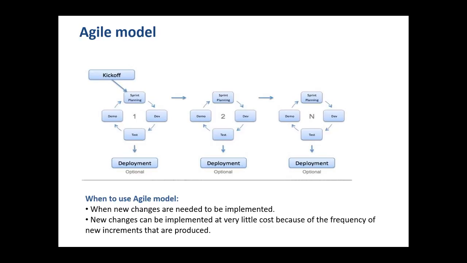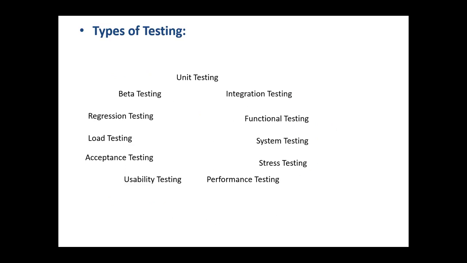Next come the types of testing. These are commonly followed testing types. Actually, the types of testing change based upon the model you use, but these are the most commonly used types of testing. I hope you all are aware of the testings. So I'll move on to the next concept.